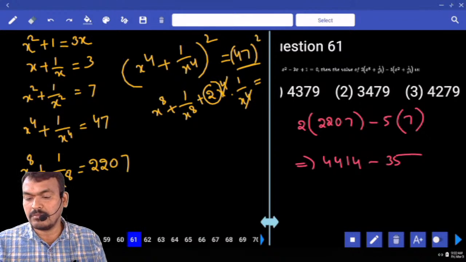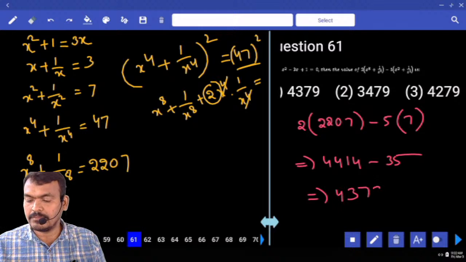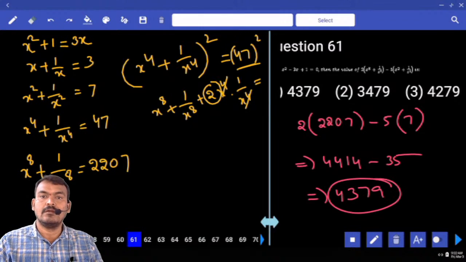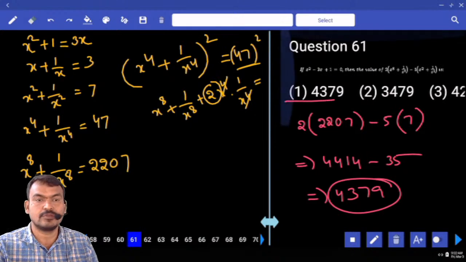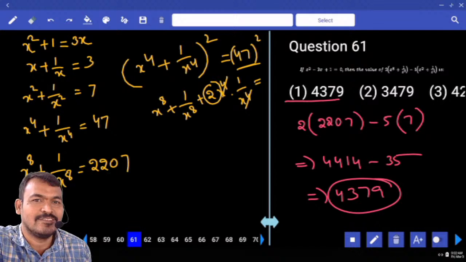What is the remaining value? 4379. Which option? First option. I think it is a basic algebra concept.